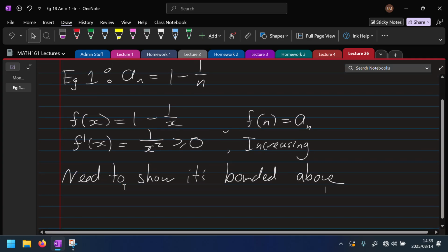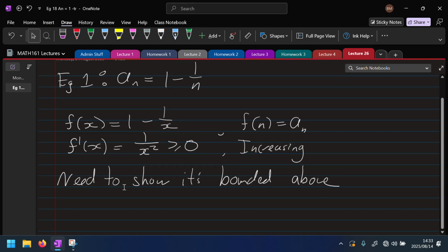So what can we do to show that it's bounded above? We need some upper bound that we know this will never go through. Any guesses? No, we're looking for above. That's a very common mistake, mixing up upper and lower. We want something above that it never goes through.